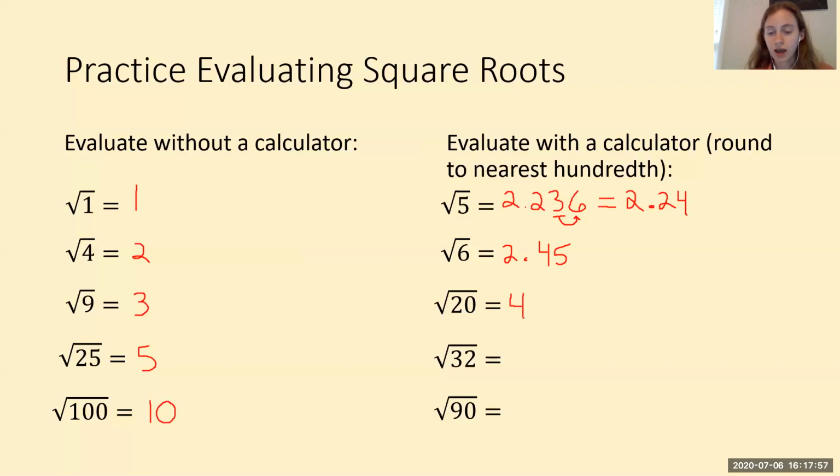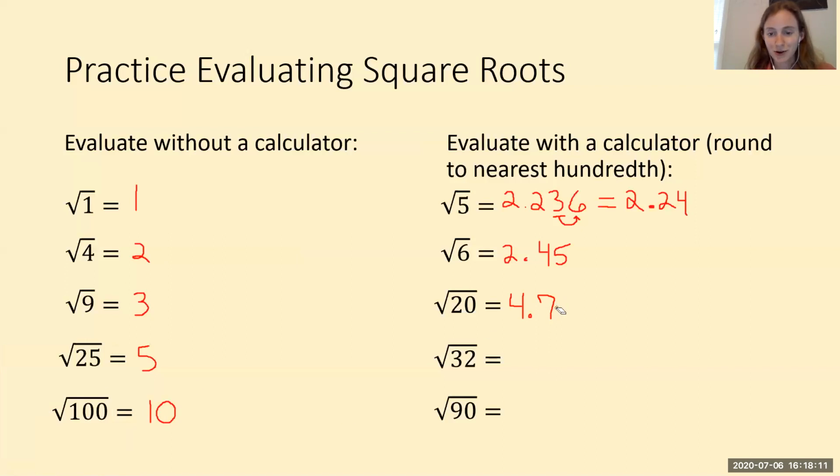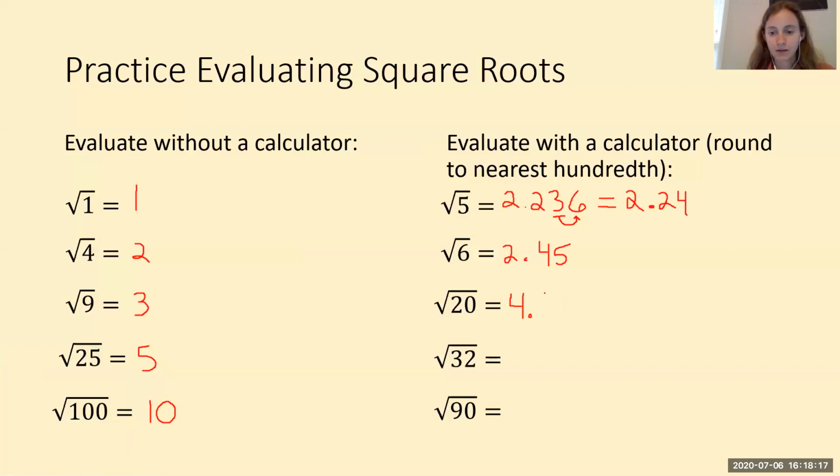So if I round that to the nearest hundredth, it's going to be 4. Oops, getting ahead of myself here. Erase that. 4.472 will round to 4.47.